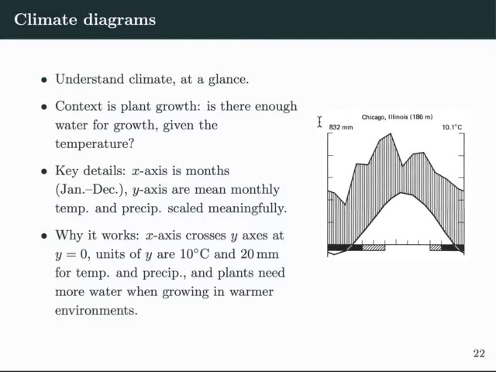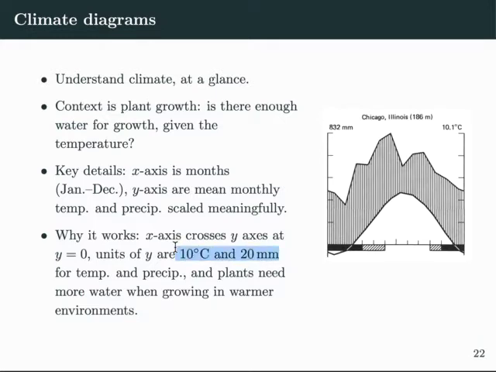This number on the top is the total precipitation over the course of the entire year. What we see on this axis is the average amount of precipitation that occurs in 1 month. So this is monthly precipitation on the y-axis.